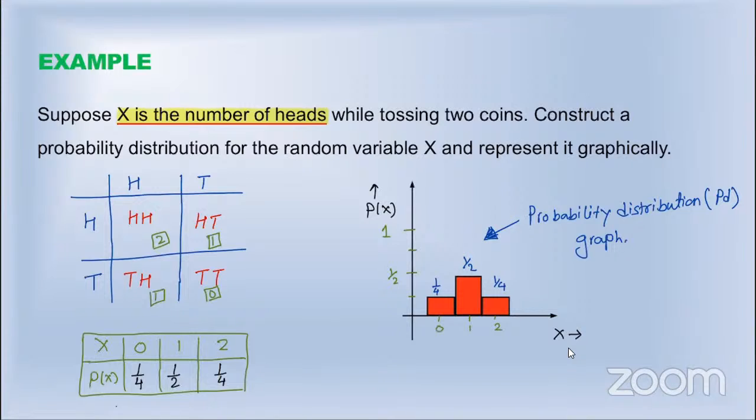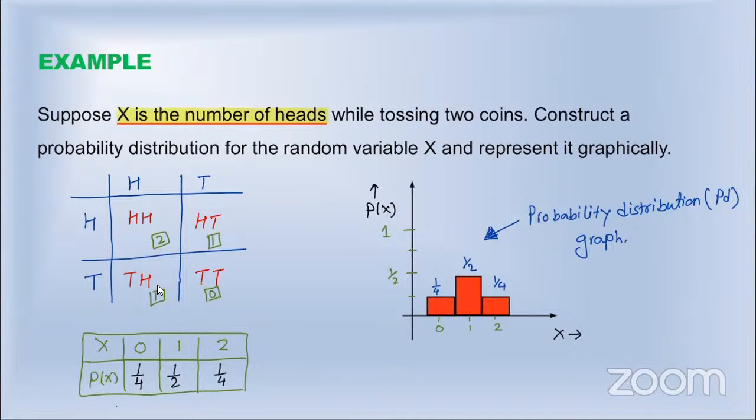I have a question. Yes. For X, the probability of getting one head in the chart, how is it 1/2? Because how many ways are there to get one head? That's one possibility here, one possibility here. There are two possibilities, right? Yes.